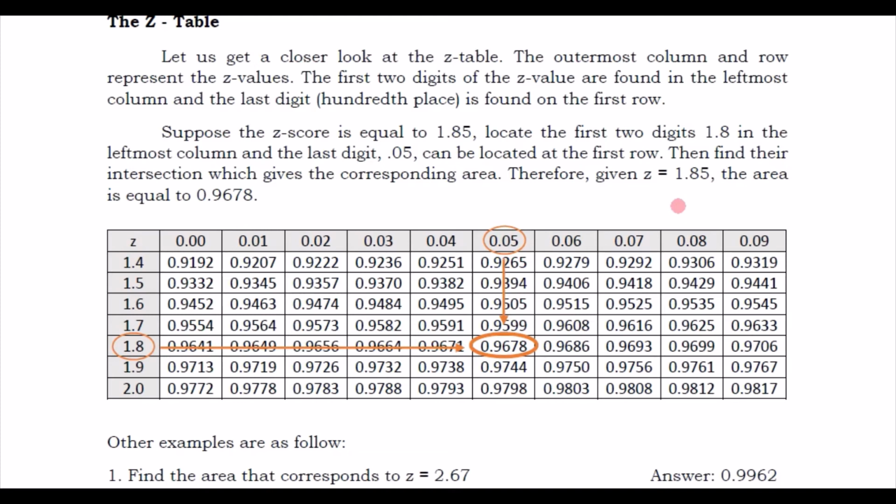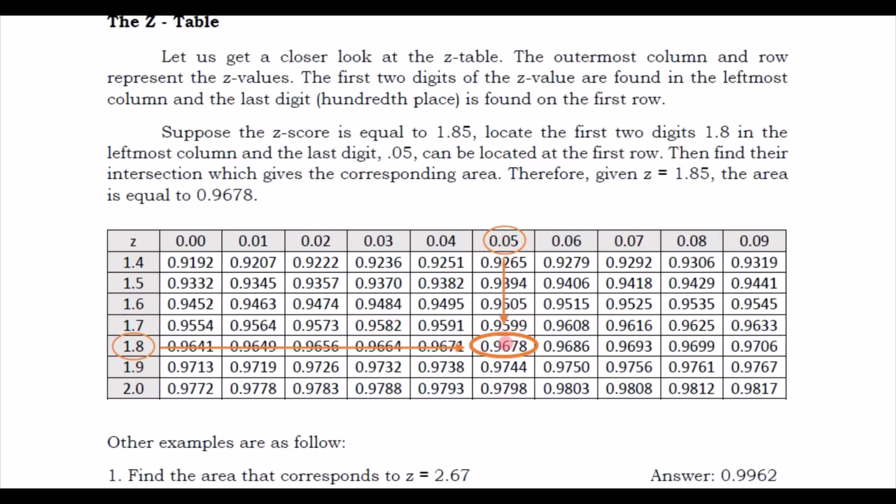Gaano daw yun kalaki? Hanapin natin, that is 1.8. Nasaan yung 5 nandito sa taas? So, 0.05 plus 1.8, that is 1.85. Pagsamahin lang natin yan, saan tayo hihinto?